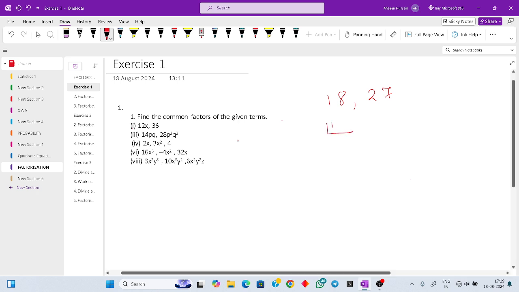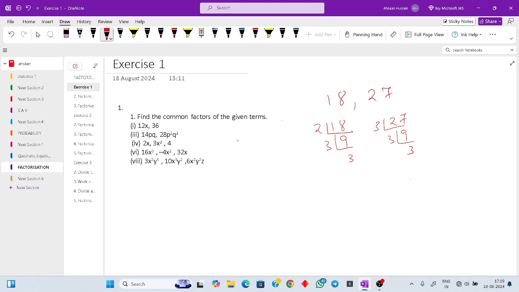Simply, we'll factorize 18 and 27. 2 nines are 18, 3 nines are 27. I hope you remember that in class 5 or 6 you have done HCF, right? That is the thing you need to find here.